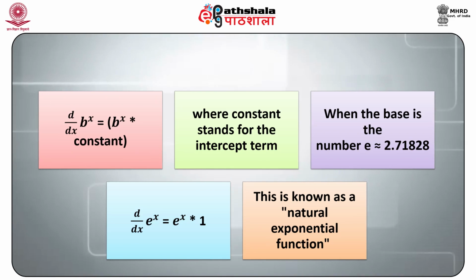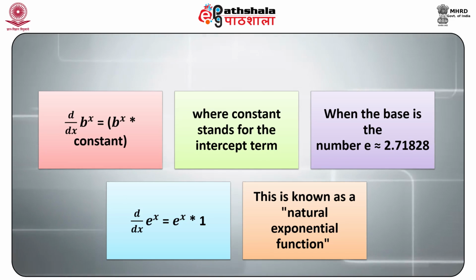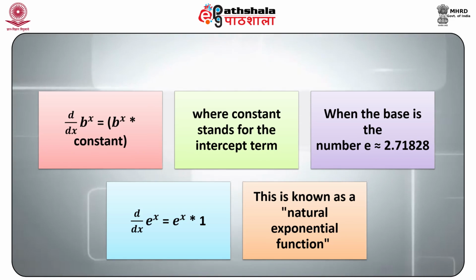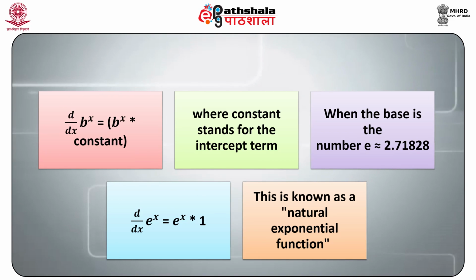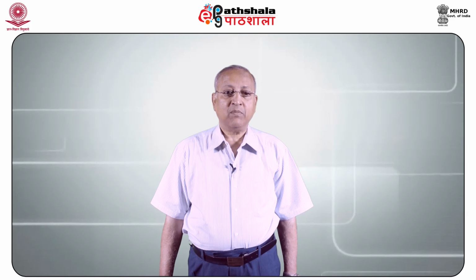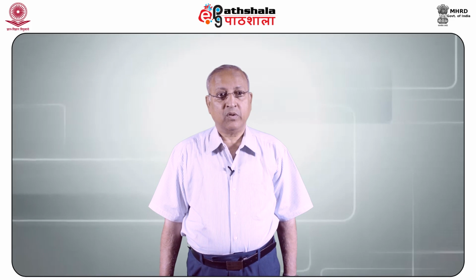Therefore, we could also say that the differentiation of e^x with respect to x is equal to e^x times 1. This is known as the natural exponential function and can be expressed in the following manner. As x tends to exp x, the x variable tends to become the exponential of its own.